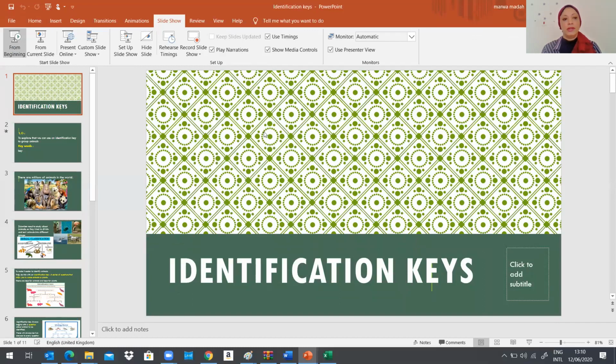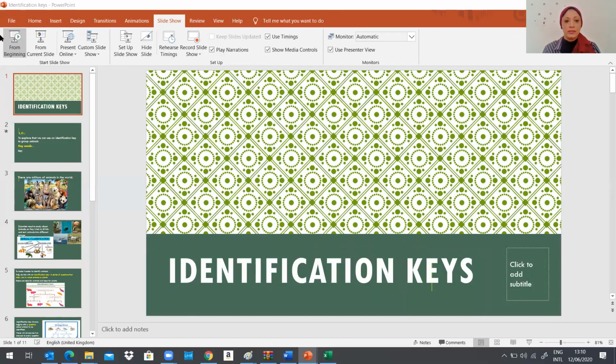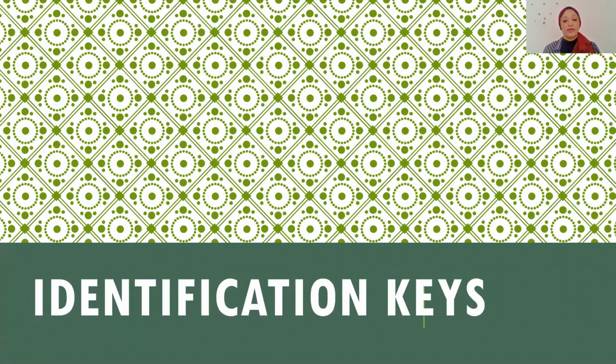Okay, so let's start with our learning objectives for today. The previous lesson was about the adaptation of some animals in their environment, and today's lesson is about identification keys.